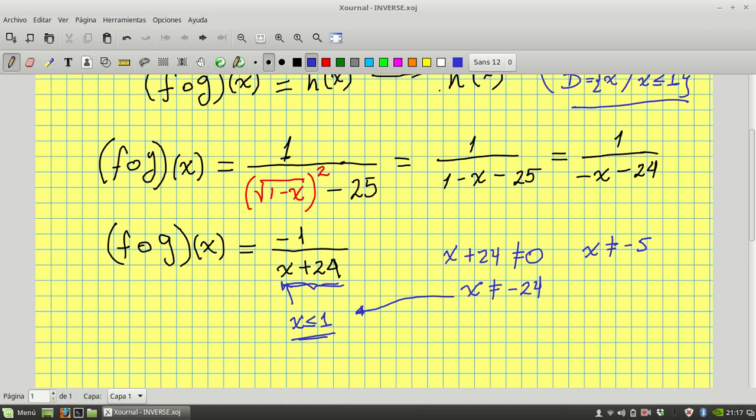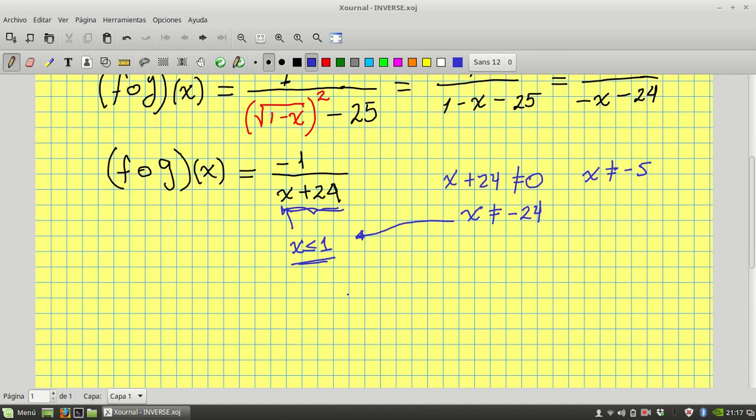We don't include 5 because obviously 5 is greater than 1, so it's not needed to write it. Okay, so this is the domain. The domain of the composite is x such that x is less than or equal to 1, x different than negative 5, and x different than negative 24.